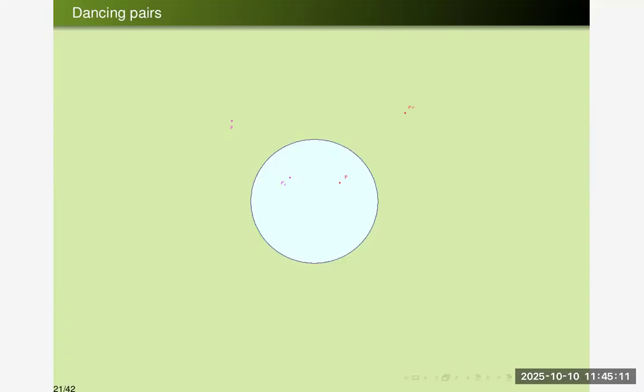So it's natural that this guy at every moment goes in the direction of that, and this guy at every moment goes in the direction of that. Some strange idea, but I say that this pair will be dancing if they do this. Okay, so what does it mean? That's what I want to do.